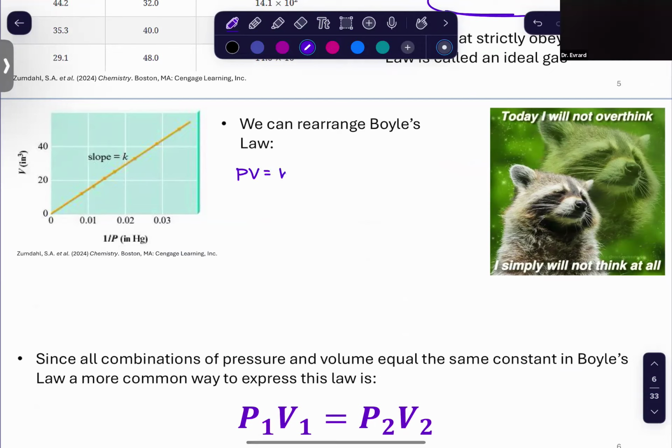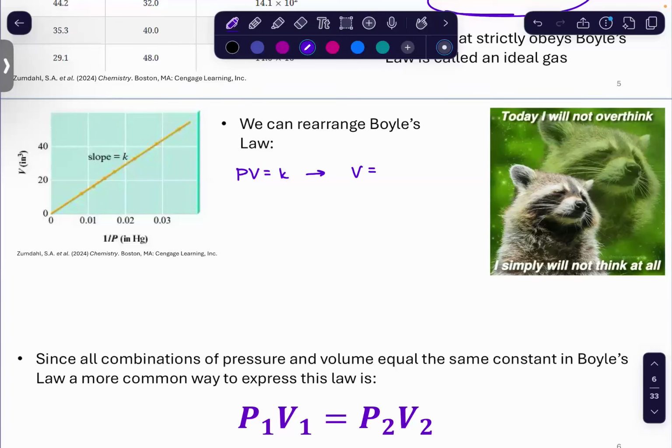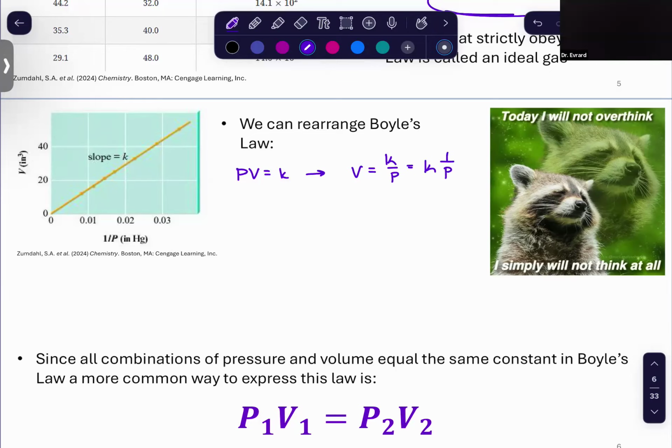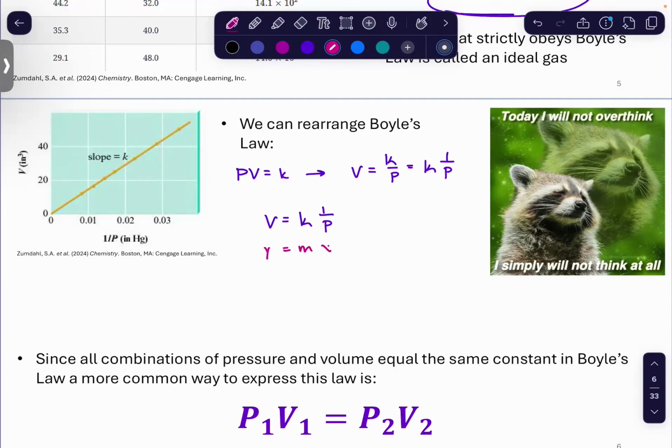So if we take PV equals K and then rearrange this to be V equals K over P, or K times 1 over P, what you get here, V equals K times 1 over P, takes the format of y equals mx plus b, where b equals 0.